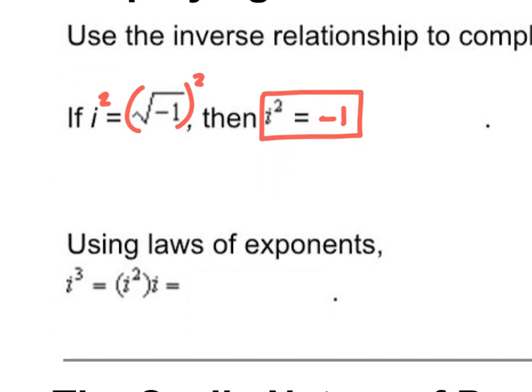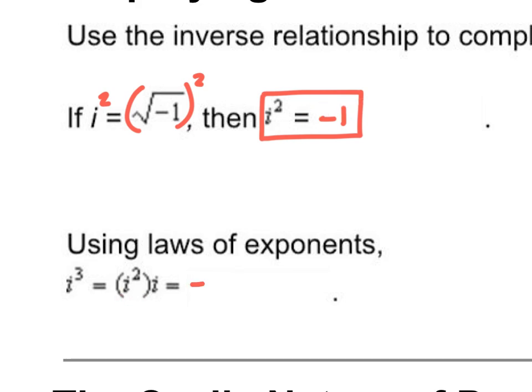Then we can use some of these ideas and expand on that. Well, what about if we had i cubed? That's just going to be i squared times i. I can split up i cubed into the product of two other numbers. Now, I know what i squared is. i squared is -1. We just found that out.